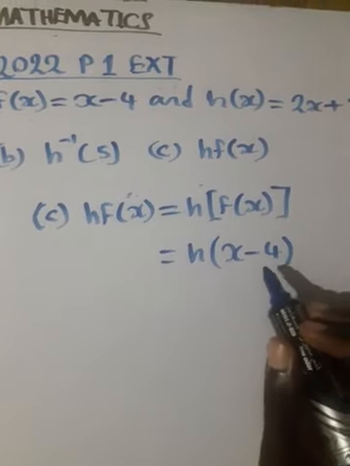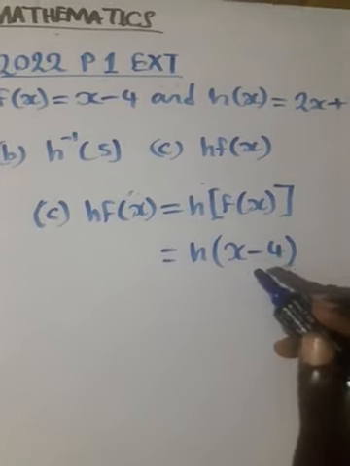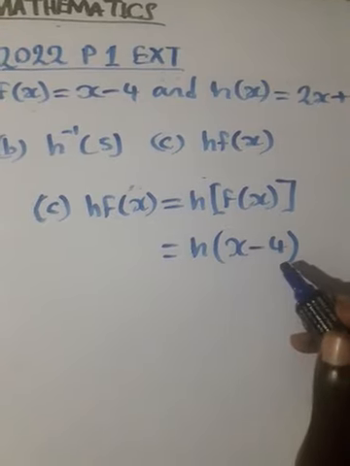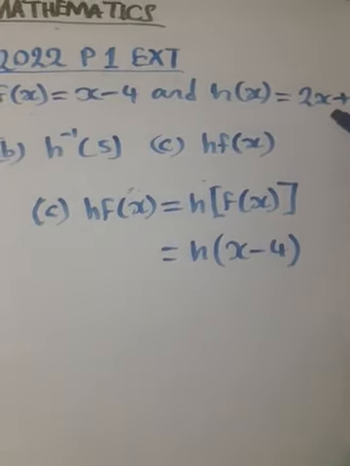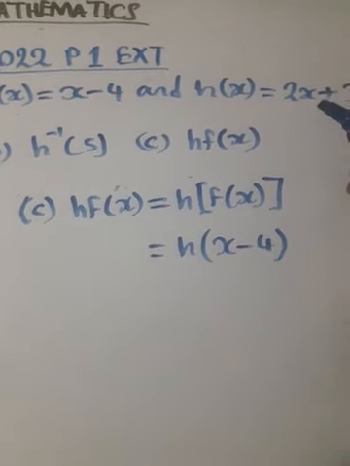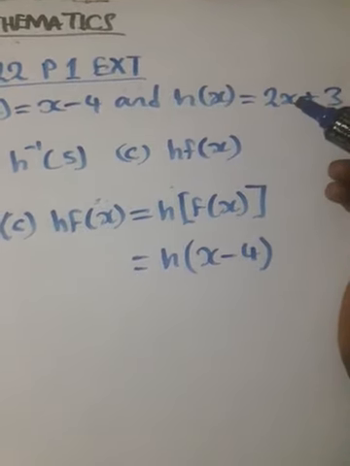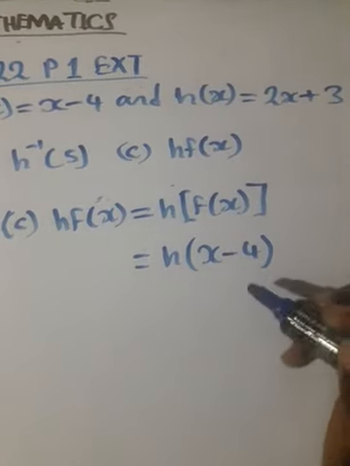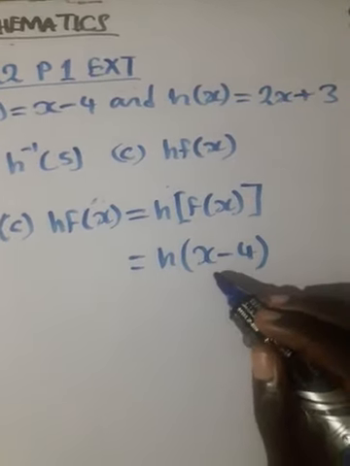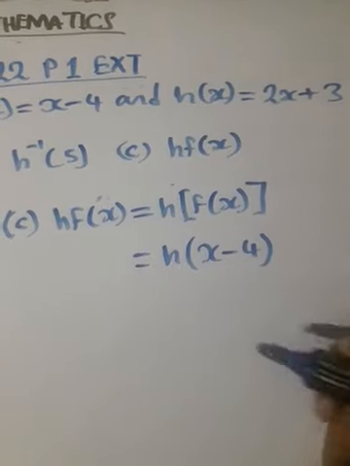And for the domain, it means we have to replace this x minus 4 into the h of x expression where there is x. So here where there is x, into this expression, we are going to replace with x minus 4.